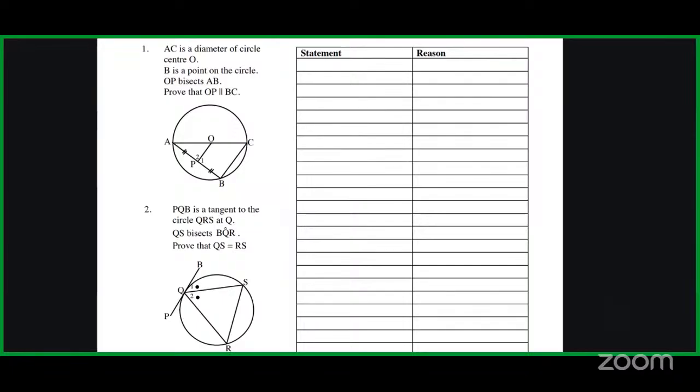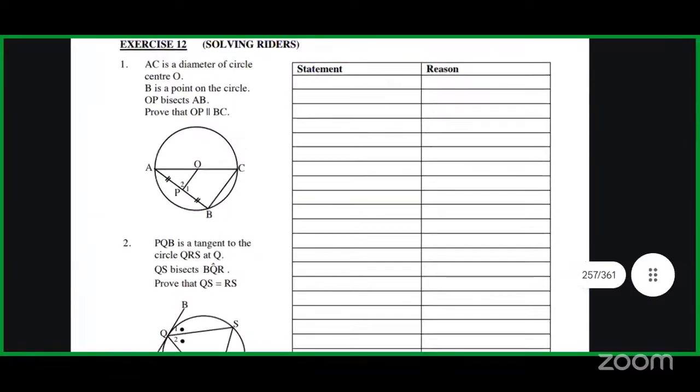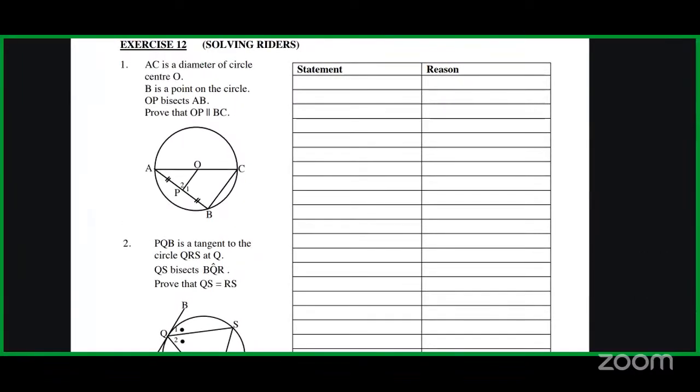So without wasting any time, let's quickly dive into the business for the day. Is the zoom okay with you that side? Are you able to see everything? Yes, sir. Now in Exercise 12, solving riders, we are given AC as the diameter of the circle.